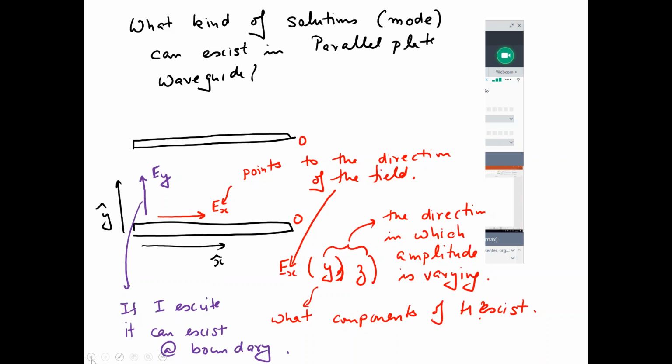So already there seem to be two different solutions. The behavior of this electromagnetic wave seems to be different if I have Ex, which is going to hit parallel to the metal, versus if I excite an electric field component which is going perpendicular to that metallic boundary.